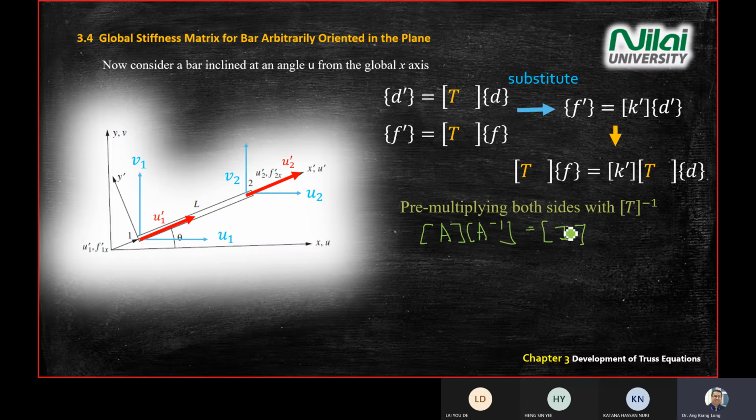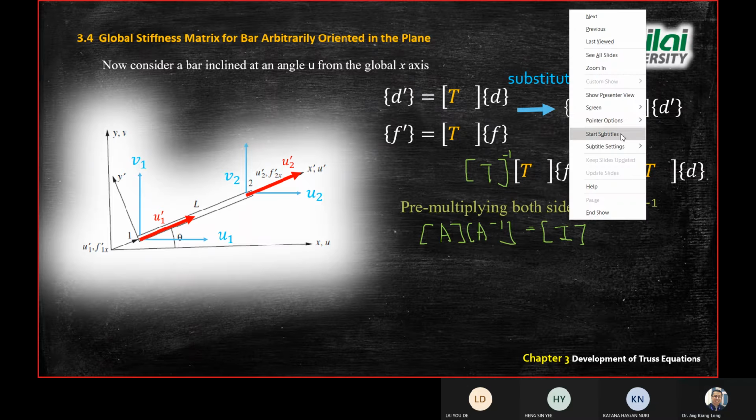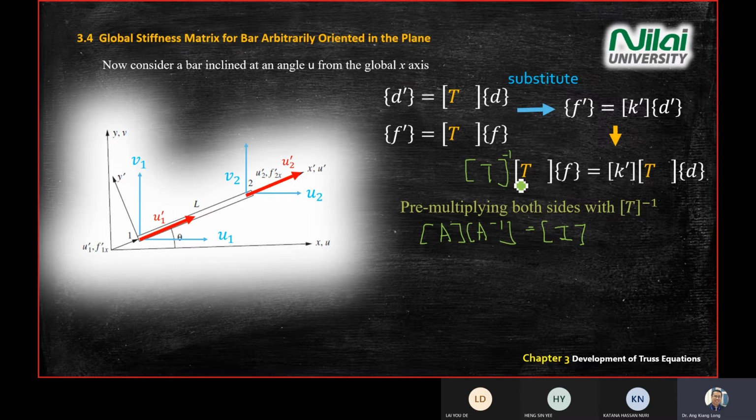You need to refer to appendix A, or go back to your calculus matrix chapter. So you cancel both sides by multiplying by T minus 1, which cancels out the T. You cannot just cancel like that. You need to multiply both sides with the inverse matrix.